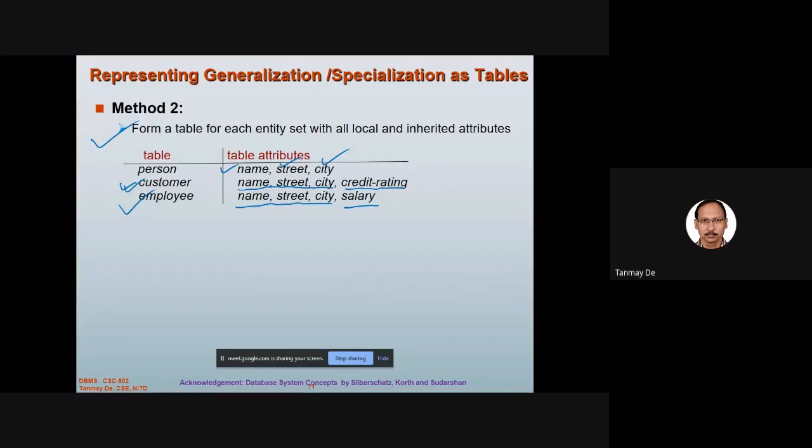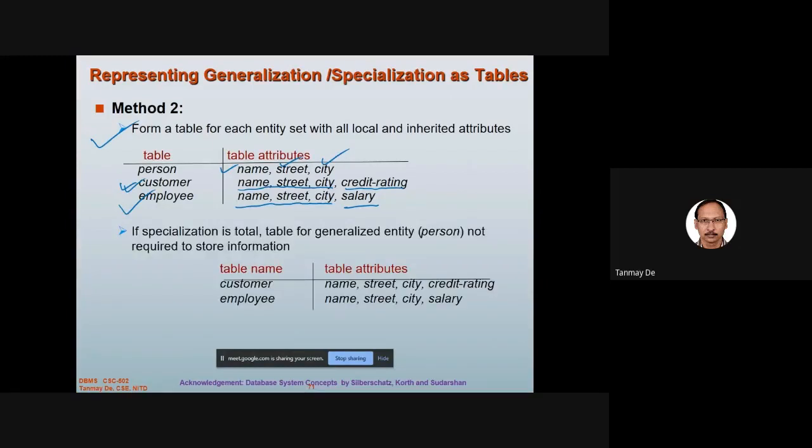In this case, if the specialization or generalization is total towards the person, then the person entity set information may not be required, so a table for that is not required.